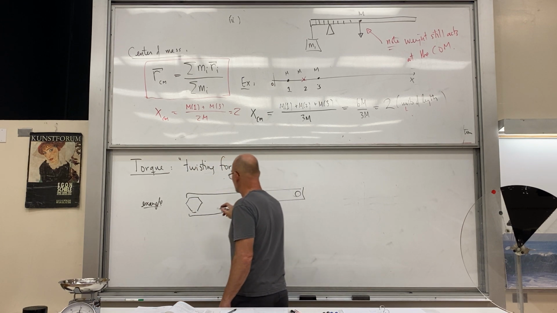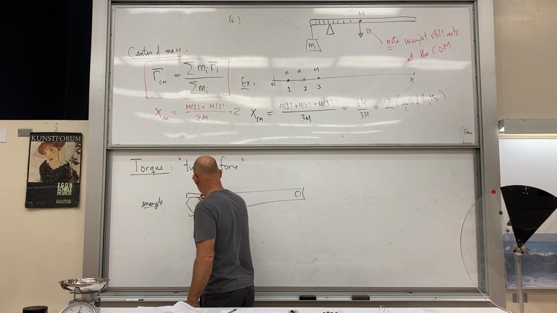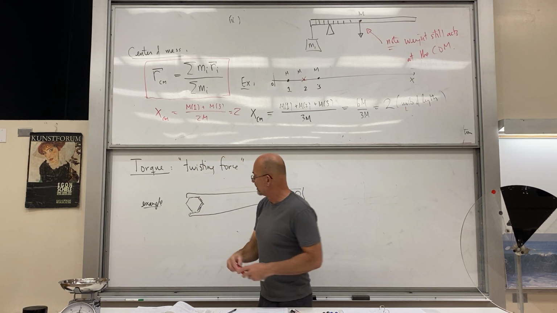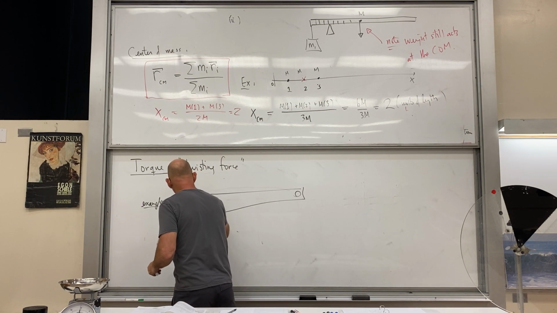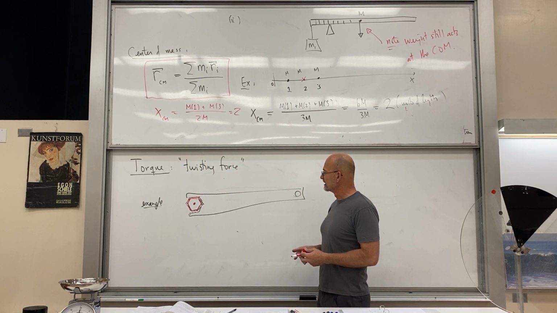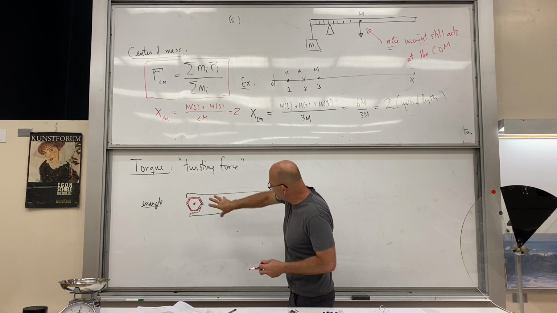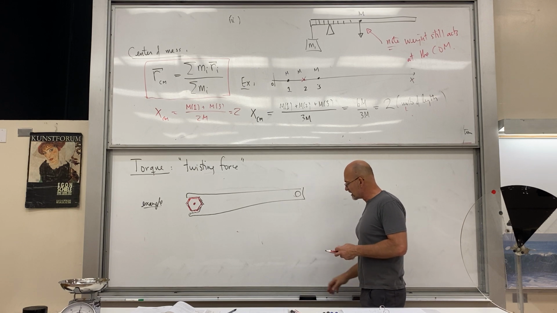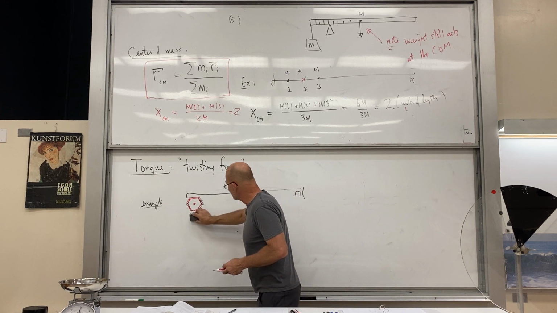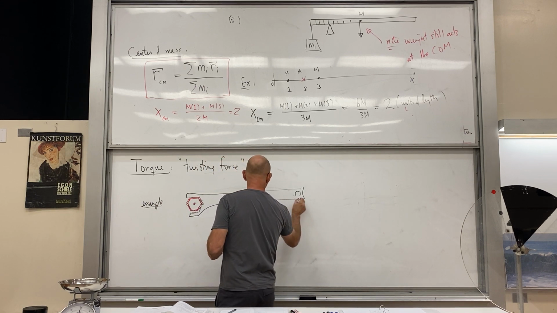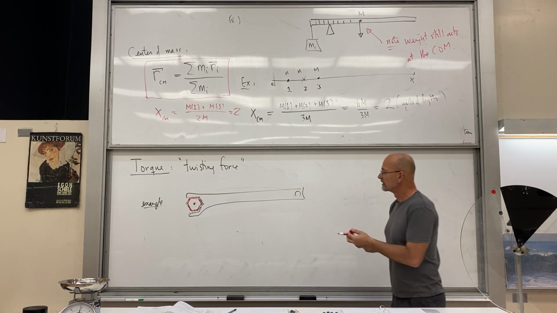Maybe use some colors. But we're trying to tighten this thing. And there's the axis of rotation. Okay, I could be tightening this thing, and if I turn it clockwise, it's going to go into the wall, and this wrench is going to help me turn it clockwise. Maybe we can make this thing look a little more graceful. Slightly. Okay. So that's a wrench.